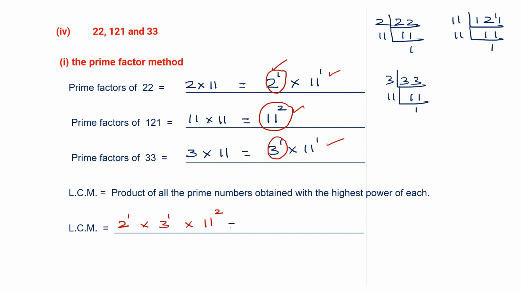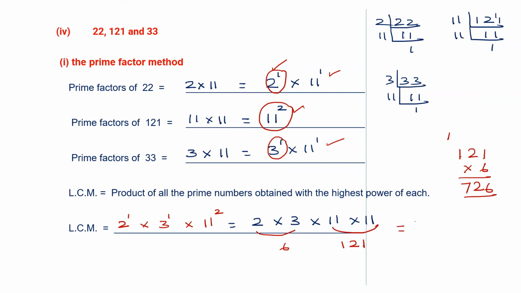Now I need to expand this. I have only one 2, one 3, but I have two 11s, 11 into 11. So first let's multiply. 2 threes are 6. 11 elevens are 121. Now let's multiply 121 into 6. 6 ones are 6. 6 twos are 12, carry 1. 6 ones are 6 plus 1, 7.